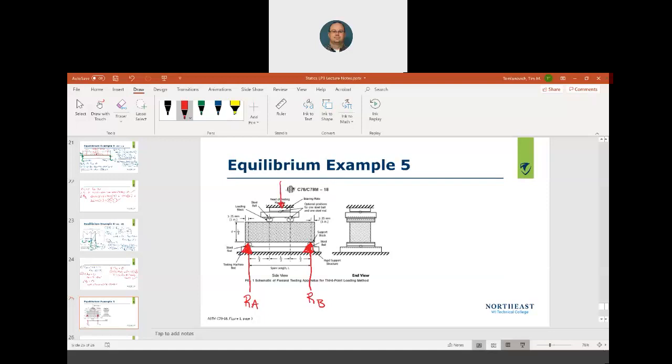Say there's 100,000 pounds pushing down on it. That's what it broke at, just for an example. By knowing the distance, if this is in a centroid, which it is, of these two blocks, we can assume that half of it is here.